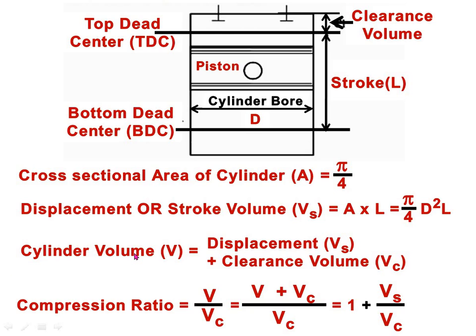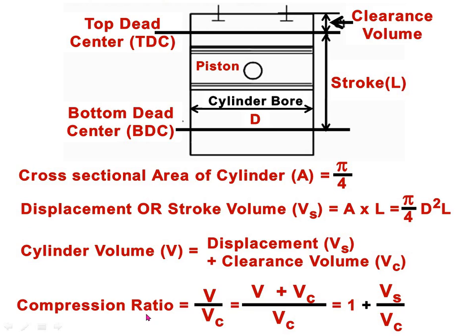Cylinder volume means total cylinder volume. Cylinder volume V is equal to, we can see, this is the displacement volume plus, we can say, clearance volume. So displacement volume Vs, this volume is termed as the displacement volume, and this volume is termed as the clearance volume. So displacement volume plus clearance volume makes the total volume of the cylinder.